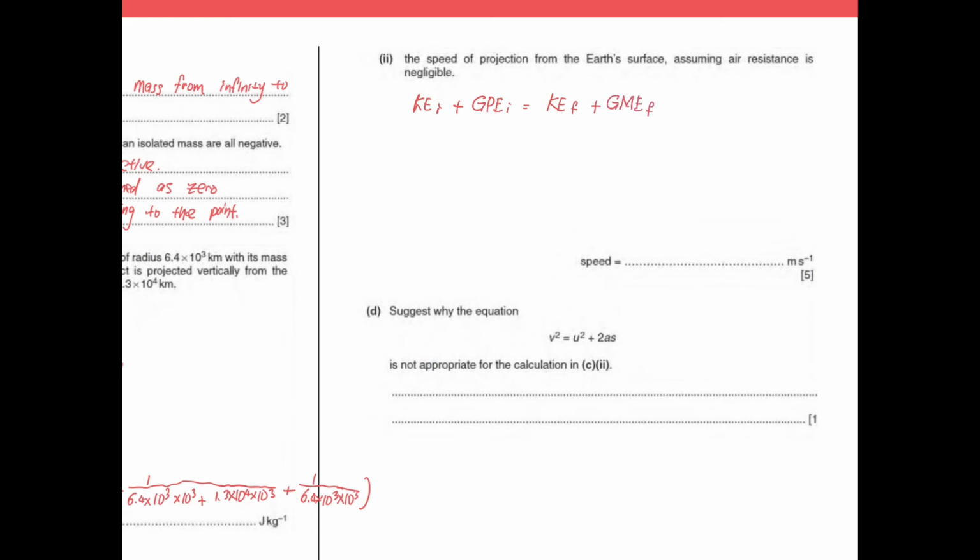In our discussion, we said the KE final is 0 because the object reached the destination and stopped. It's still 0, so we can still use that.